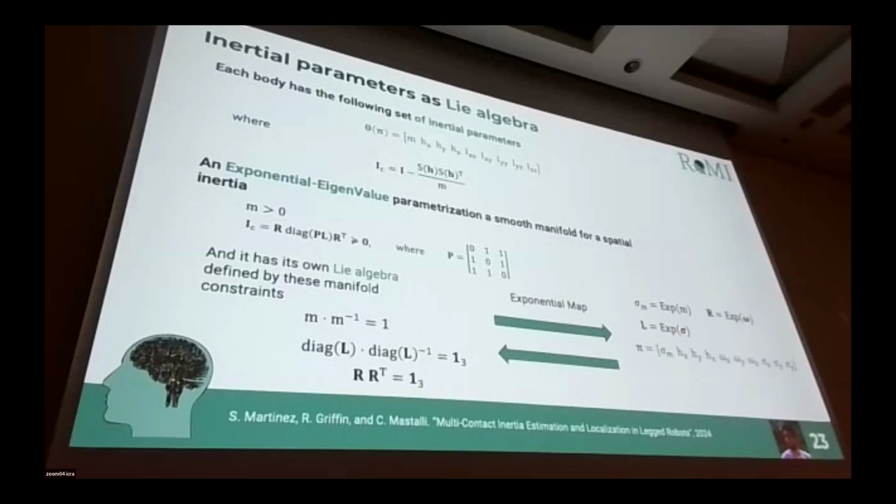That's the main thing. For the Loco-Manipulation, it's very complicated to compute the exponential map, but for our case, it's very simple, because you can use a classical exponential function for the mass and for the second moment of inertia. For the rotation matrix, you can use the classical exponential map of the Lie special orthogonal group, which has an analytical solution as well.